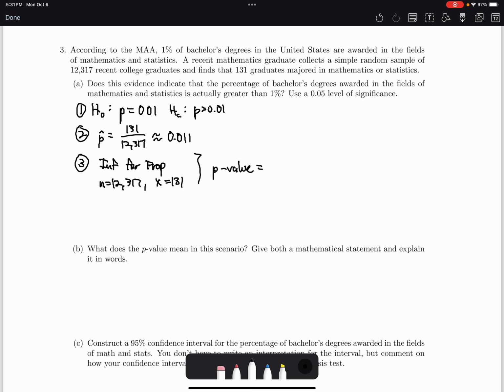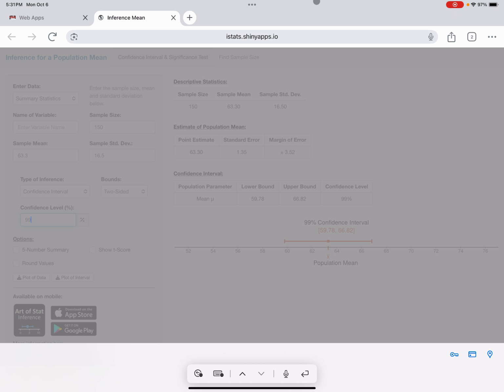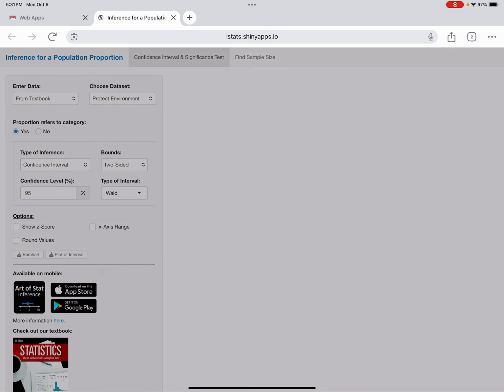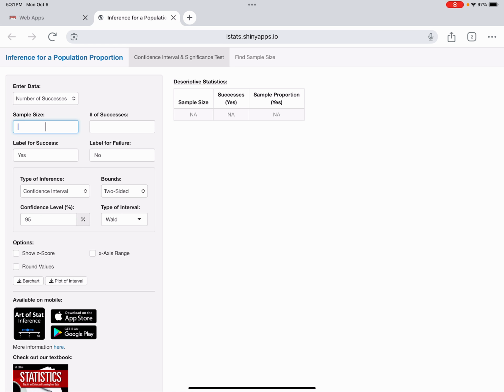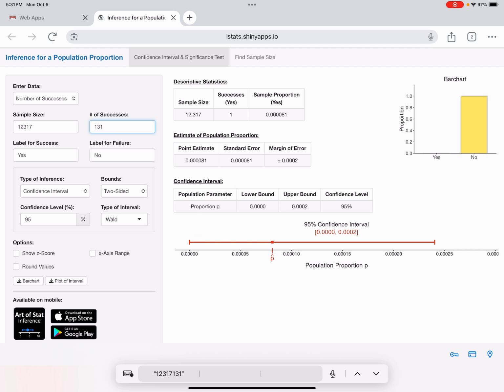So let's see. Inference for a proportion. 12,317 for the sample size, 131 successes.